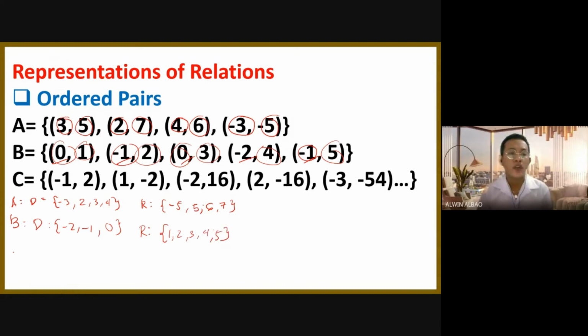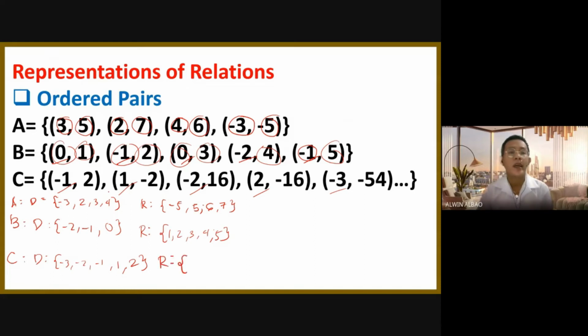Okay, so for set C, our domain is negative 1, positive 1, negative 2, positive 2, and negative 3. So we will start with negative 3, negative 2, negative 1, positive 1, and then positive 2. Now let's go to finding the range.